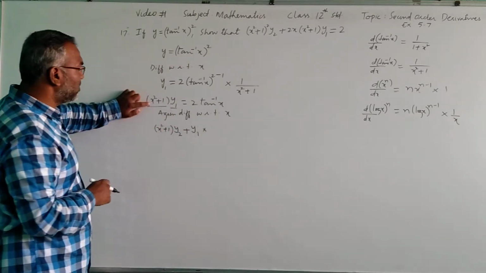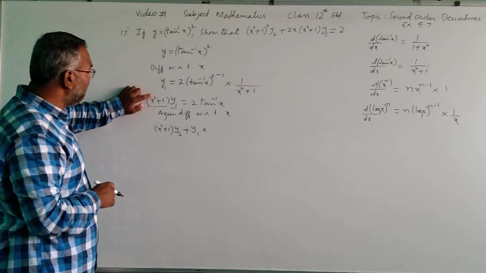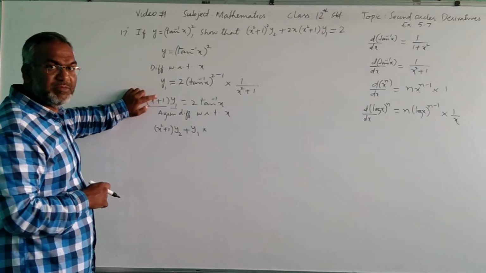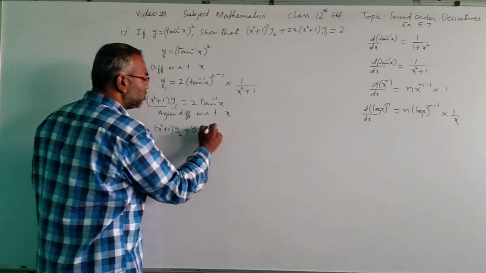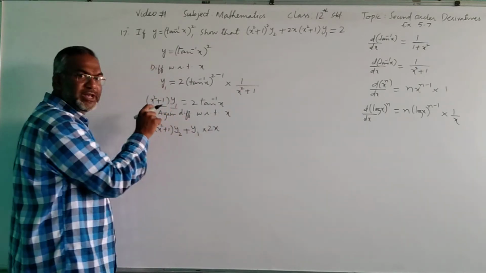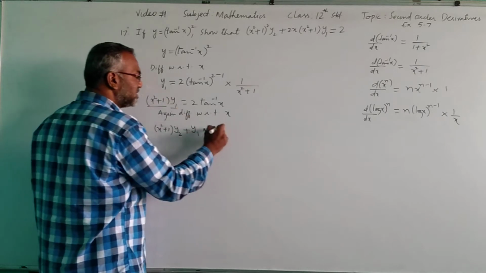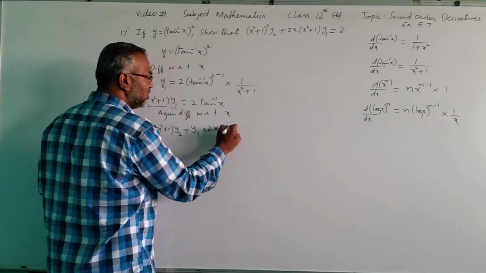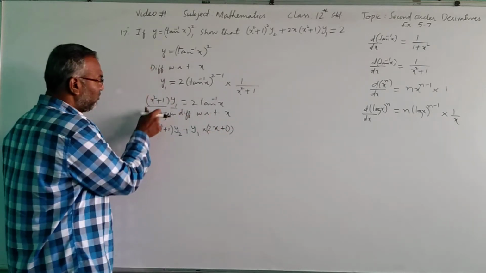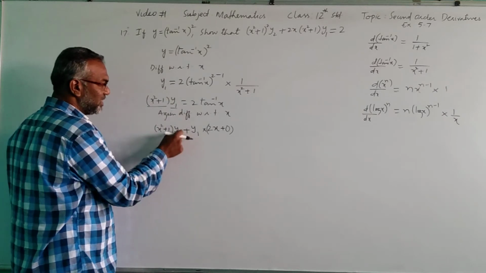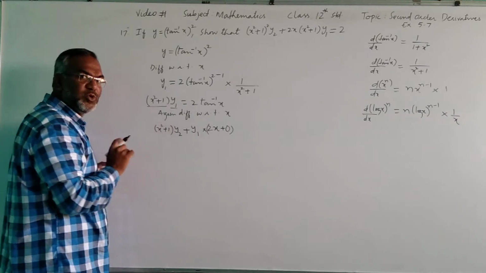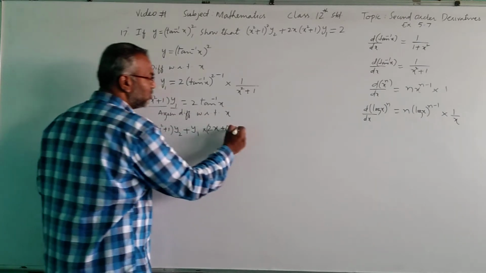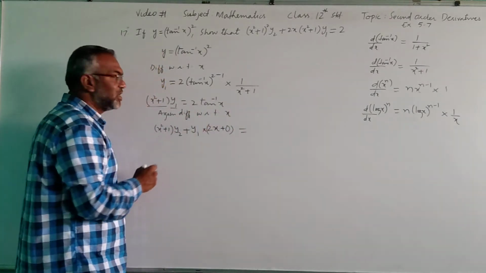What will be the differentiation of this? X square will be 2 into x raised to n minus 1. It will be 2x to the power 2 minus 1. 2 minus 1 will be 1, plus 1 is 0. So first function as it is, differentiation of second, plus second function as it is, differentiation of first is over. Is equal to, we have to differentiate RHS also, we cannot leave.